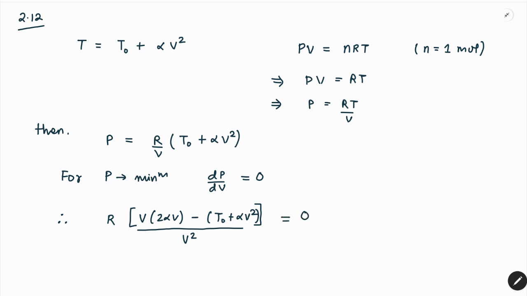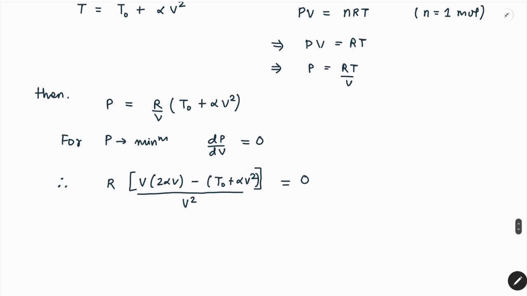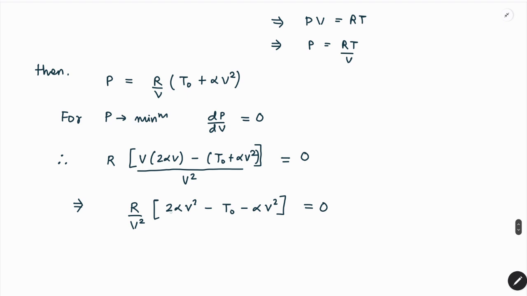We equate this to 0. On equating this to 0, we get R by V square times 2 alpha V square minus T naught minus alpha V square, equated to 0. That is, we can put V square by R separately. 2 alpha V square minus alpha V square is alpha V square, minus T naught equal to 0.